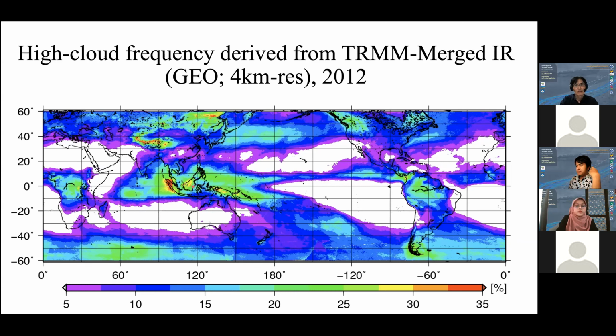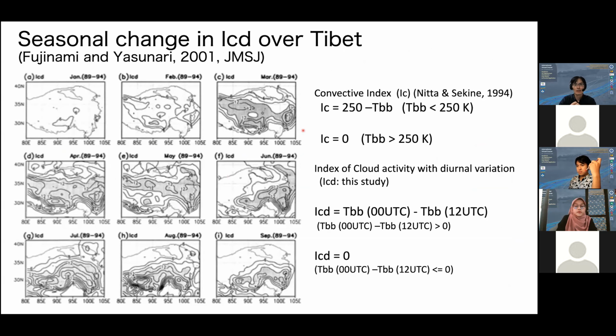So such things are applied in cloud activity monitoring research. One example is Fujinami and Yasunari's 2001 paper in the Journal of the Meteorological Society of Japan. This is a geostationary satellite data analysis for the Tibetan Plateau's convection activities. The famous one is the Convective Index, so-called IC, originally proposed by Nitta and Sekine.